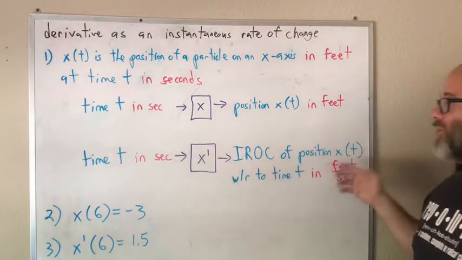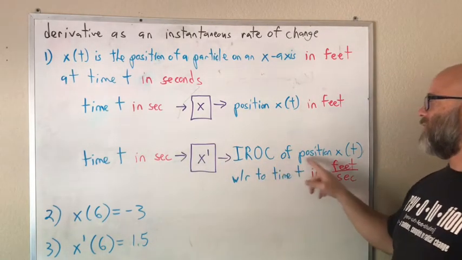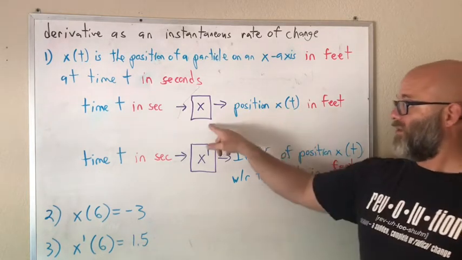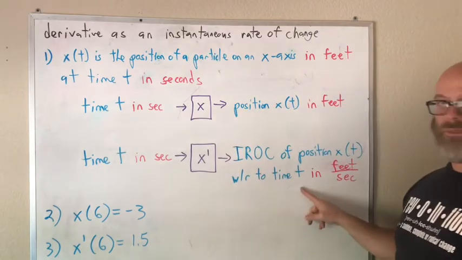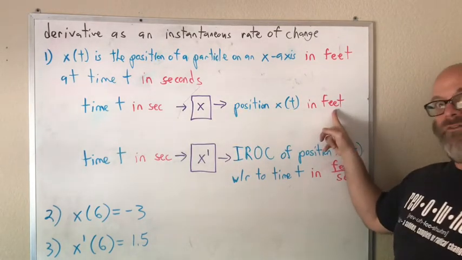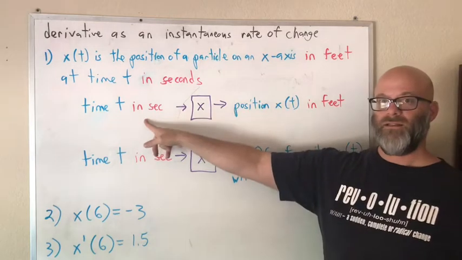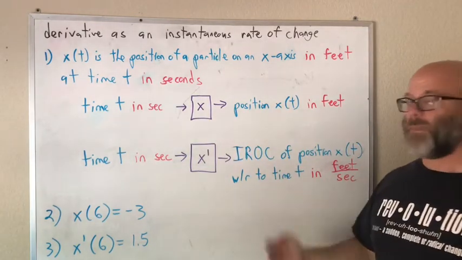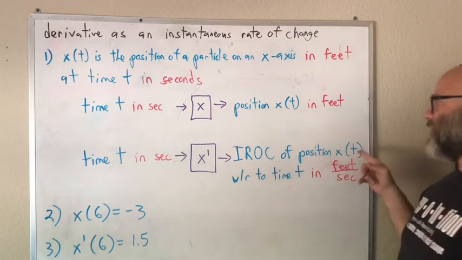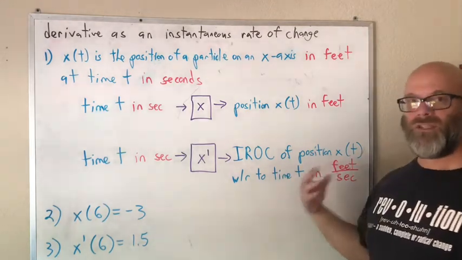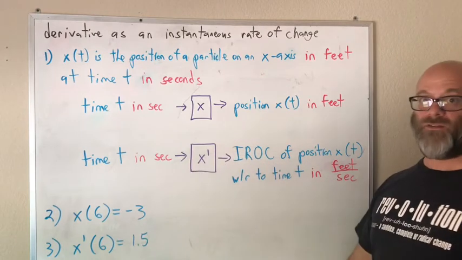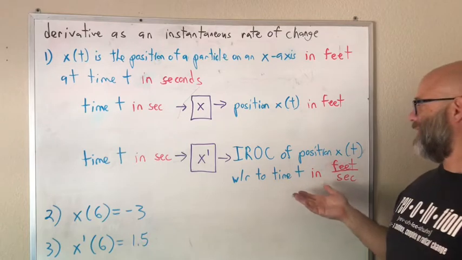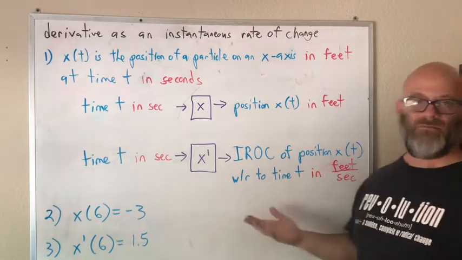For the dependent variable, it's going to be the instantaneous rate of change of this dependent variable with respect to this independent variable, in the dependent variable's units divided by the independent variable's units, feet per second. And this works every time. By the way, what do we call an instantaneous rate of change of position with respect to time? We call it velocity, which is why this first derivative x prime is actually giving you the velocity of the particle in feet per second at time t, right?